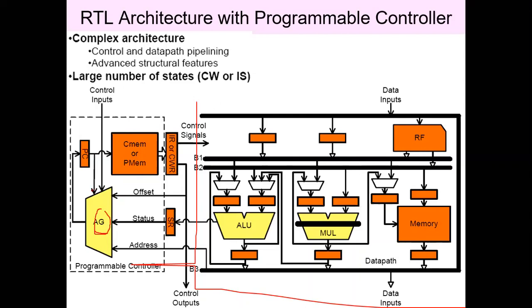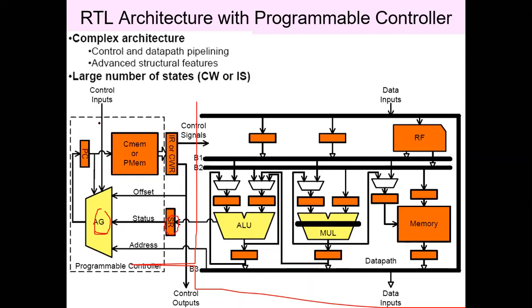Here the ALU will be generating the status signal and that will be stored to a status register. This SR is actually the status register. Depending upon the output, the data path will generate some status signal and that will be stored in a status register that can act as the input to the address generator.